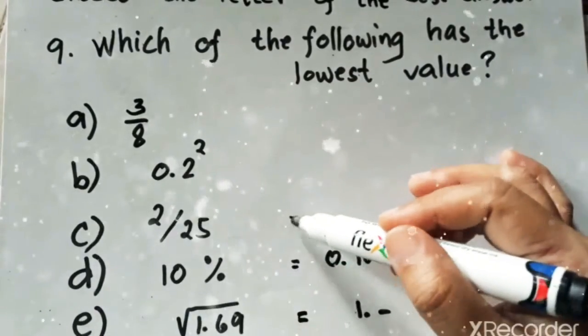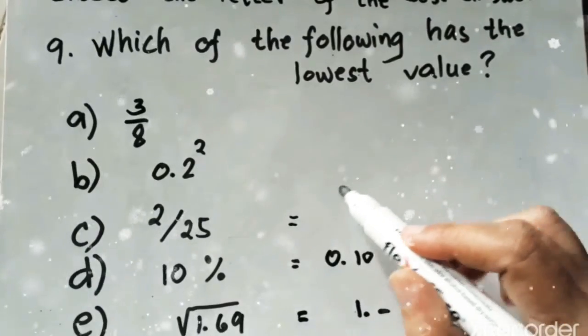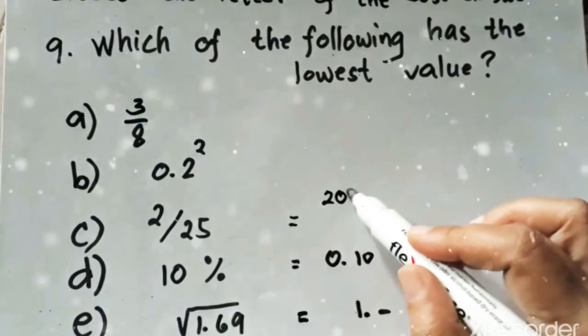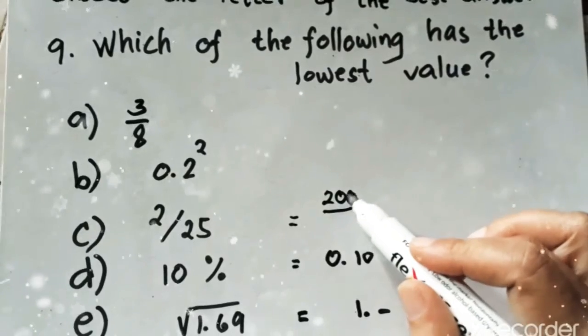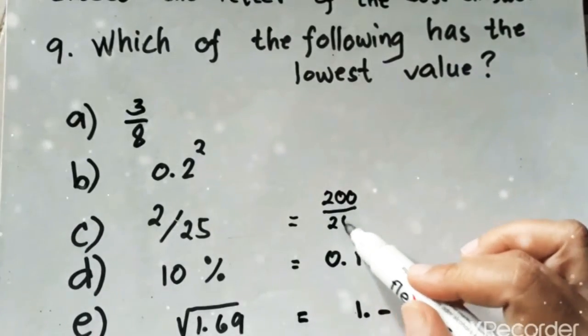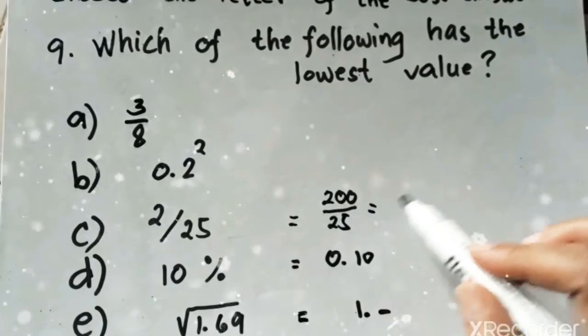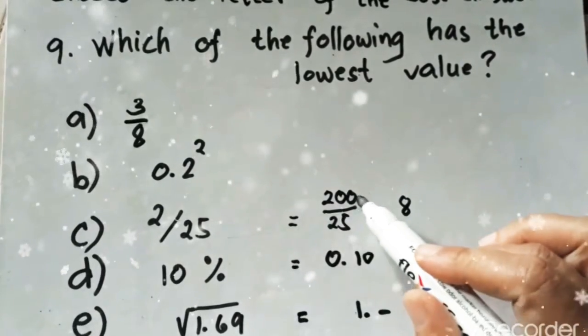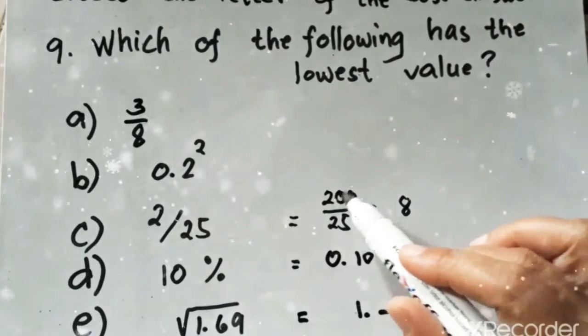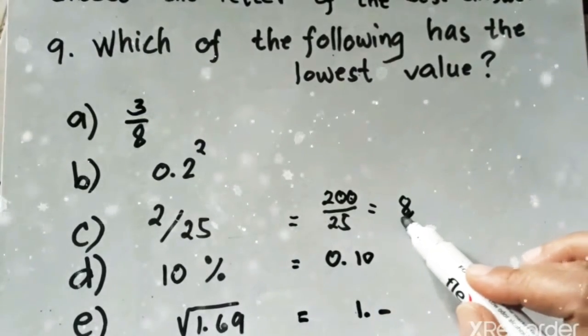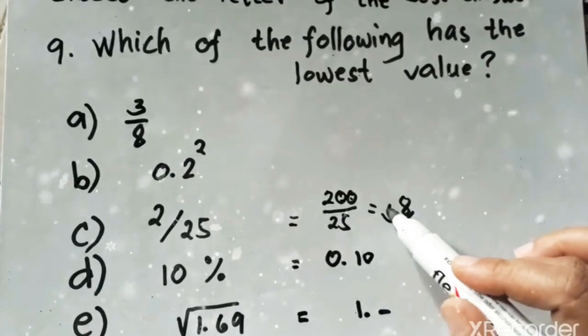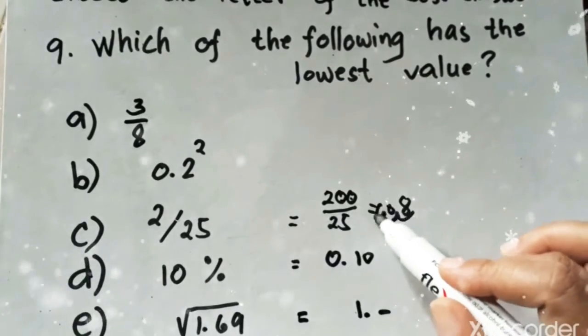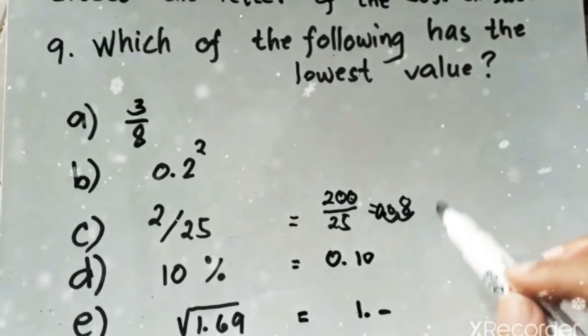Then, your 2 over 25 is just, if you add 2 zeros to your 2, divided by 25, that makes 8. So, move the decimal place since you added 2 zeros. So you move the decimal 2 places. So your answer here is 0.08.